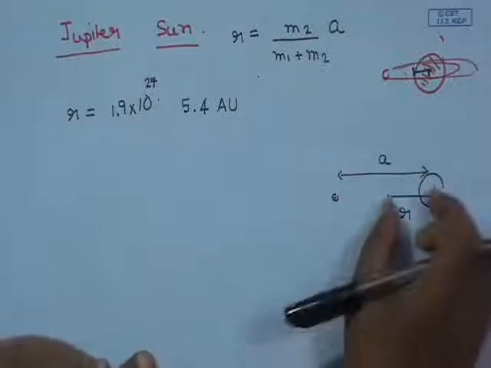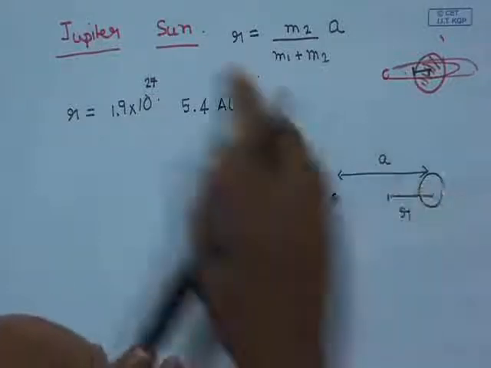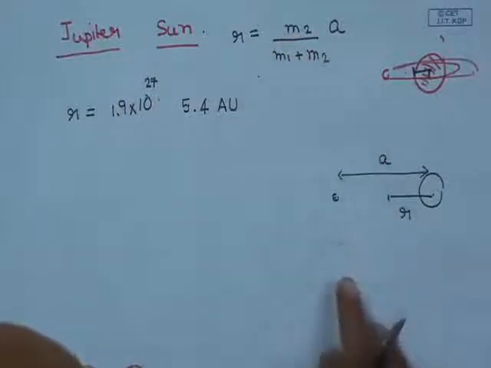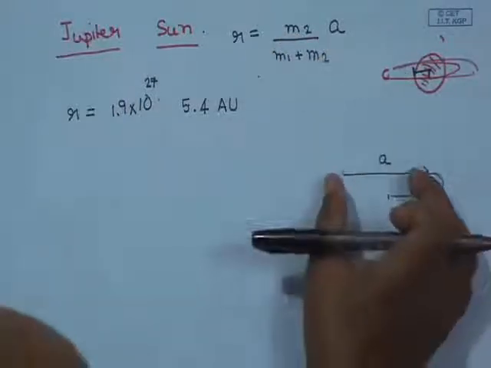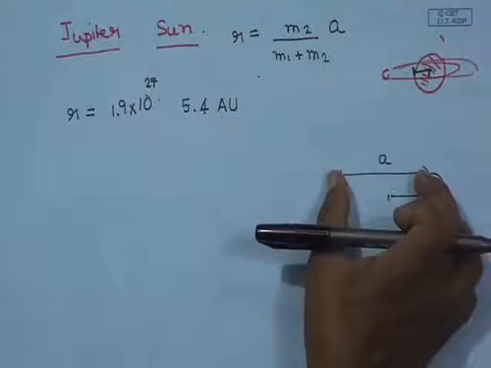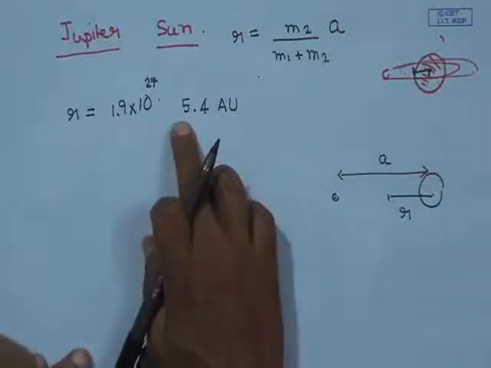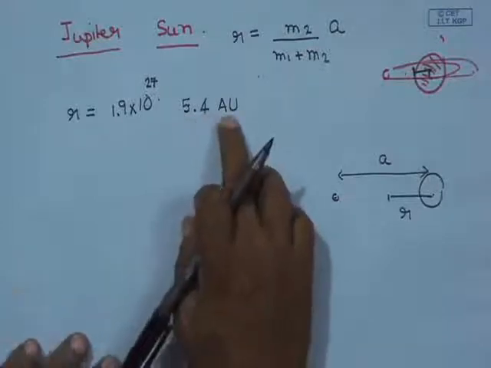So, the distance between the Sun and the center of mass is going to be the mass of Jupiter divided by the total mass, times the Sun Jupiter distance.